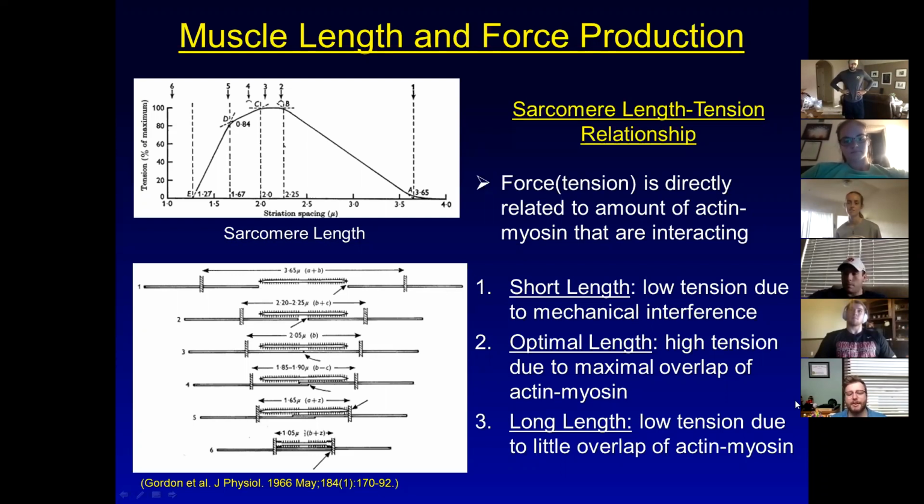Just because when you're curling and you're holding your muscle halfway, you're probably closer to optimal rather than all the way short, because when you're up here, you have nowhere else to go. And then when you're all the way down, you're very stretched and there's not much overlap of myosin and actin, I suppose is how I would want to say it, for it to begin.